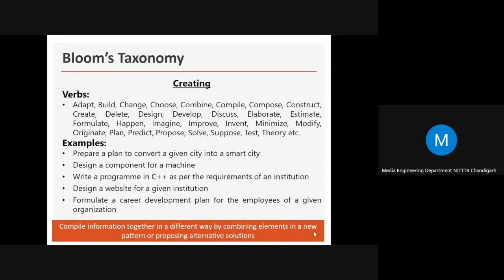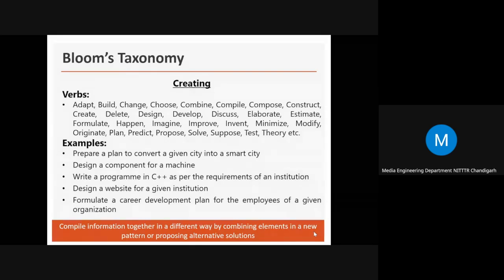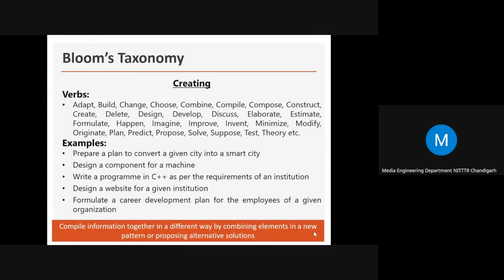So when we are compiling information in a different way by combining elements such that a new pattern or some new solution is proposed, then we say that this question is at the creating level. So verbs may be similar to the earlier verbs which we have seen, but it is not only the verbs which will be defining the Bloom's taxonomy level of a given statement.